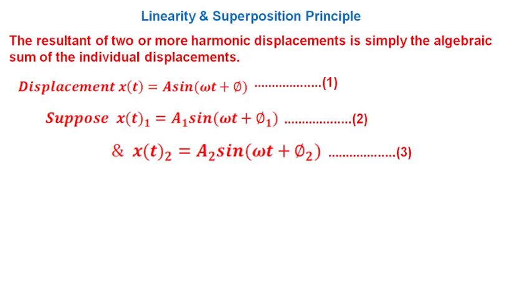Suppose x of t1 is equal to A1 sine of omega t plus phi 1 and x of t2 is equal to A2 sine of omega t plus phi 2. These are the different amplitudes A1, A2; we can take A, B also. And the initial phases are phi 1 and phi 2 here.